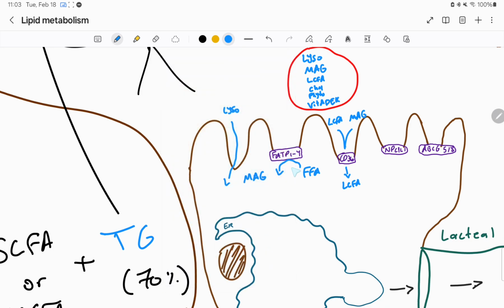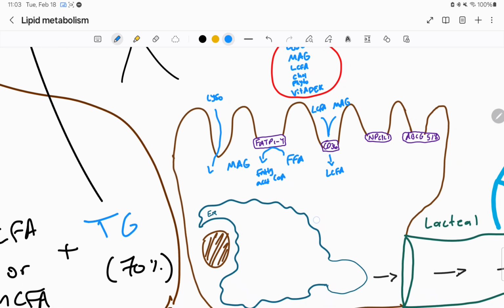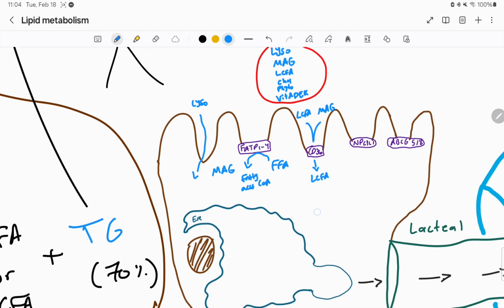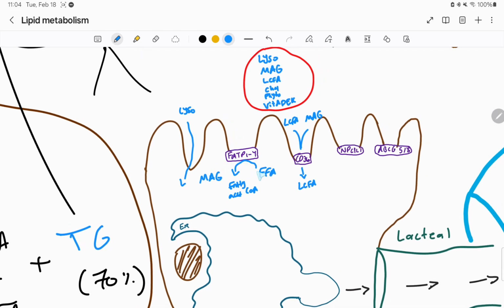It adds something called a coenzyme A to it and creates something called a fatty acid CoA. The skinny on it is basically that by creating this fatty acid CoA, it's priming the fatty acid for being turned into either a triacylglycerol, a phospholipid, or a cholesterol molecule. But how does FATP1 by doing this increase the absorption of fats?